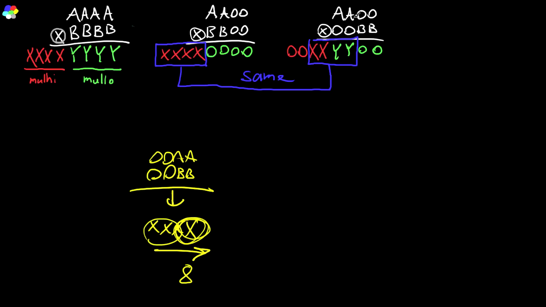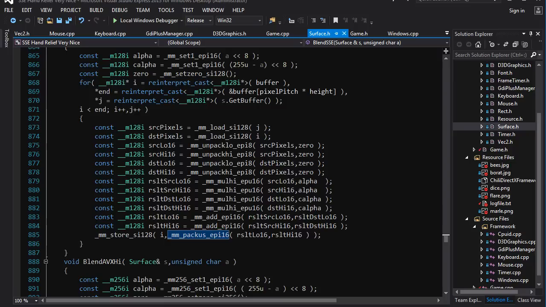If we multiply with mul high, and one of the values is in the top 8 bits instead of in the low 8 bits, what we get is our result pre-divided by 256, pre-shifted. So we can save ourselves a shift operation if we skew one of our values over and then use mul high. That's the trick. That's the joke.